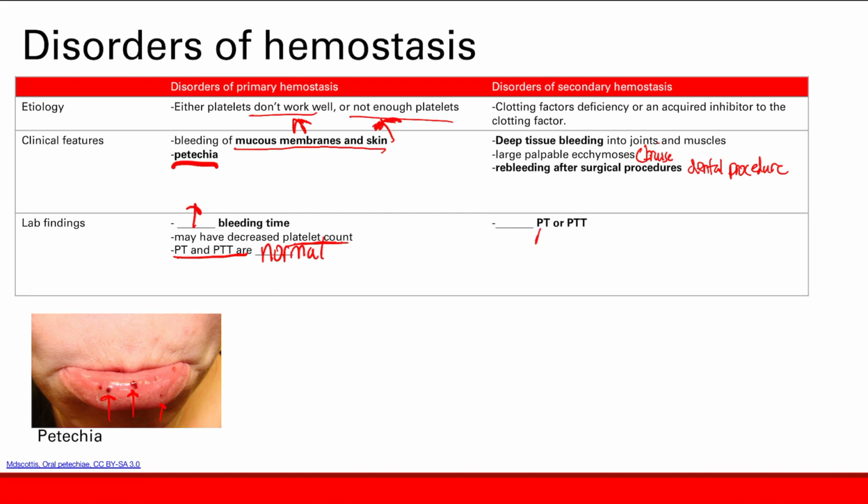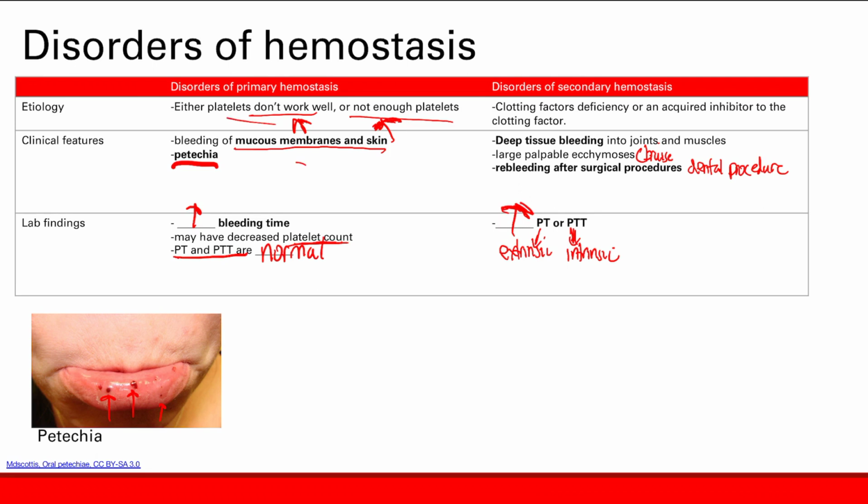PT was the extrinsic pathway, which is shorter, and PTT was the intrinsic pathway, which is the longer pathway, and these will be increased. If you have problems with clotting, you're going to have longer times to stop bleeding, so you're going to have increased PT or PTT. So basically, that's primary hemostasis, problem with the platelets.